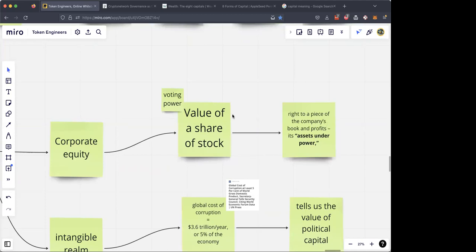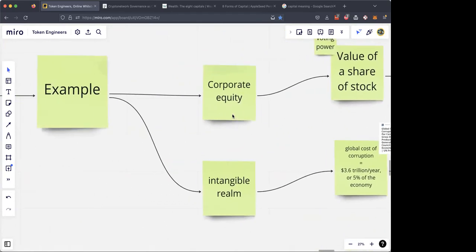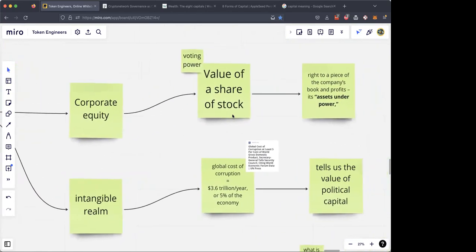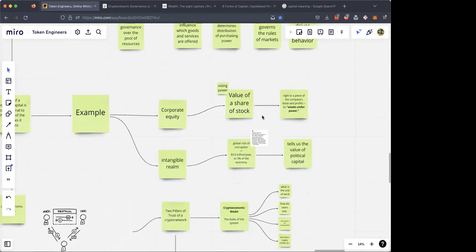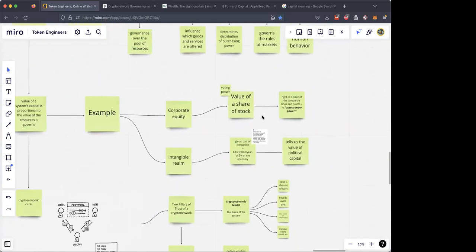You have voting power. That's really interesting because usually, in banking, in wealth management, for example, you use assets under management everywhere. It's a measure of how much capital or money the wealth management bank has acquired and is managing. So it's really interesting to see assets under power instead of assets under management.